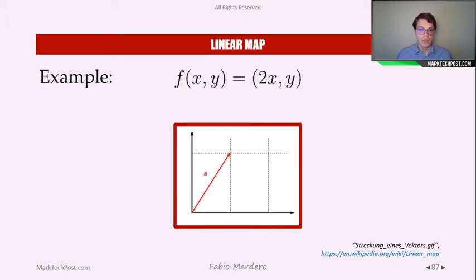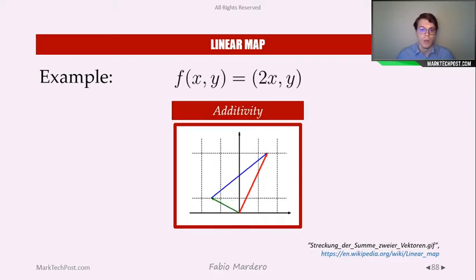Let's see how the additivity condition works. We see that the two vectors are here, the green and the blue one, and it's the same to apply the function to a plus b, or to sum the result of f of a plus f of b.